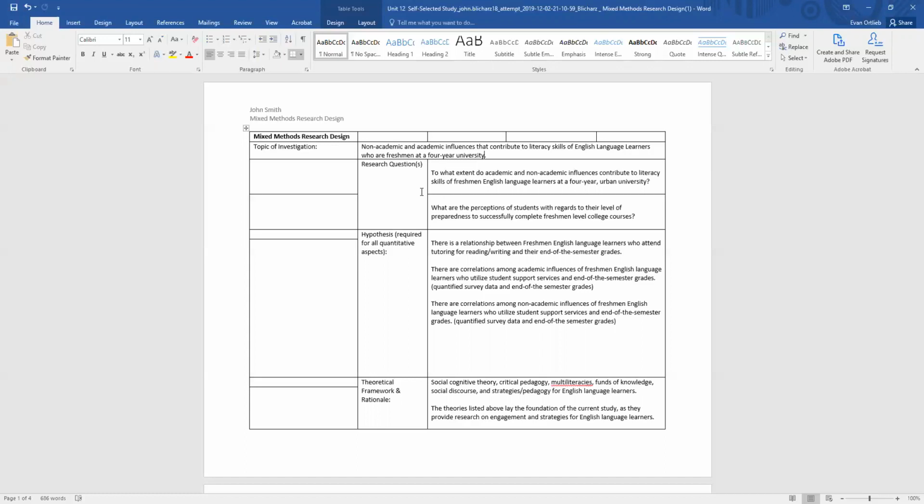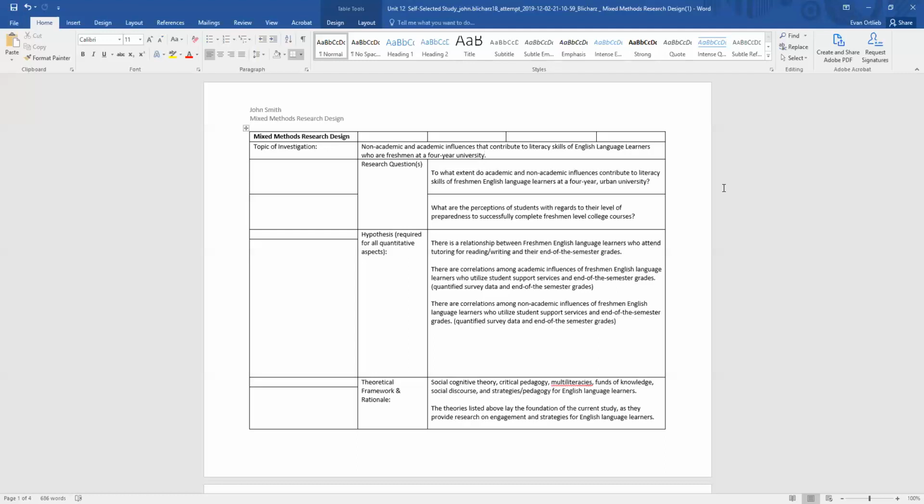There are two research questions. One, to what extent do academic and non-academic influences contribute to literacy skills of freshmen? So, to what extent? It sounds quantitative in nature. Secondly, what are the perceptions of students? Okay, automatically I'm thinking this is qualitative in nature. So maybe these two research questions fulfill the necessary requirement of a mixed methods research design.